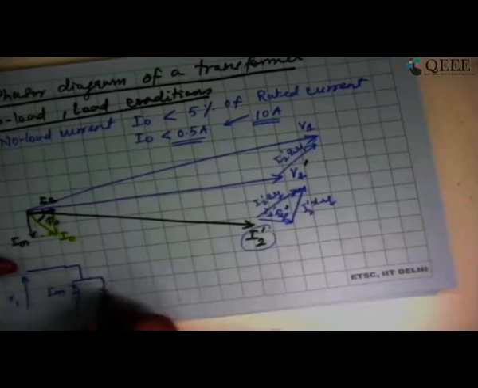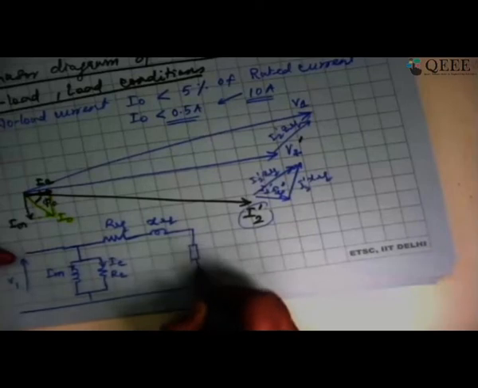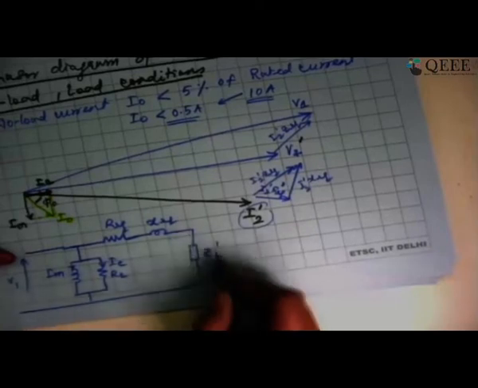I had IC going through RC, right? And if I look at it, this is where I had R equivalent, I had X equivalent, and I had the load here, which is ZL', and I called this V2'.